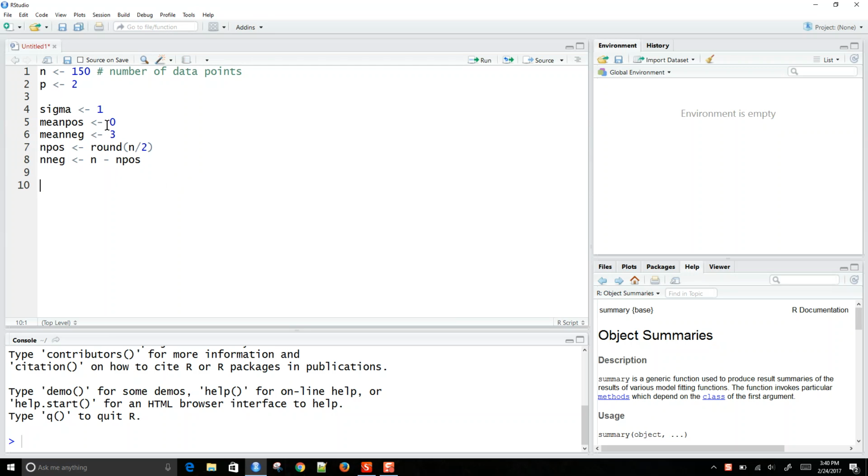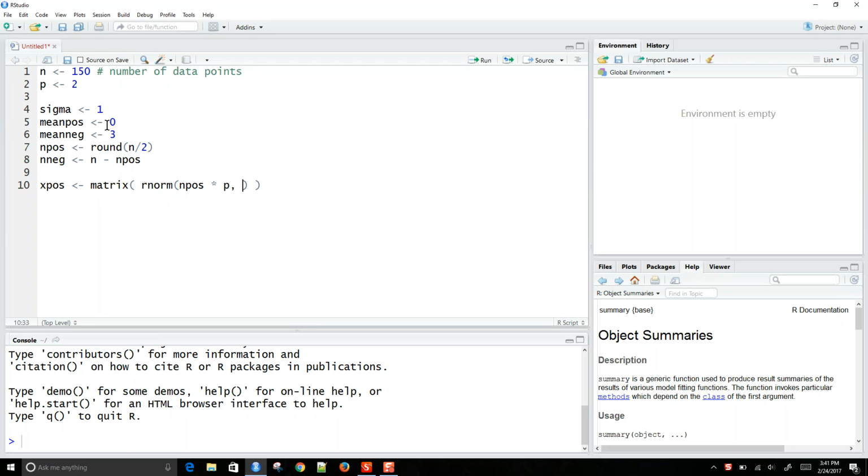So we have a positive class and a negative class. I'm going to create a matrix and generate some rnorm examples.